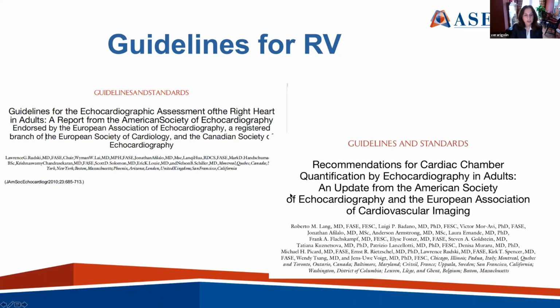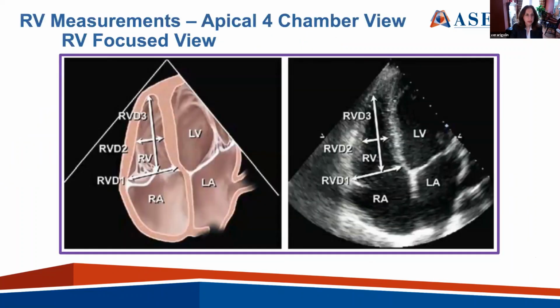There are some changes between these 2 guidelines, so I am going to be referring to the most updated guidelines, which were published in 2015, the chamber quantification guidelines. So let's talk first about how to measure the right ventricle, keeping in mind some of the challenges that I outlined for you in the beginning of this talk.